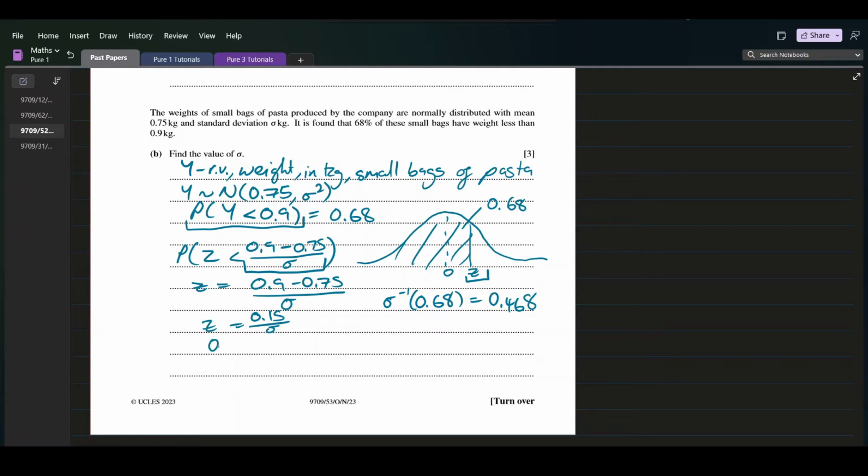So that means 0.468 is equal to 0.15 over sigma, which leads to sigma is equal to 0.15 over 0.468, and therefore sigma is equal to, we punch that into the calculator, 0.15 over 0.468, that gives us 25 over 78, and that's our final answer.